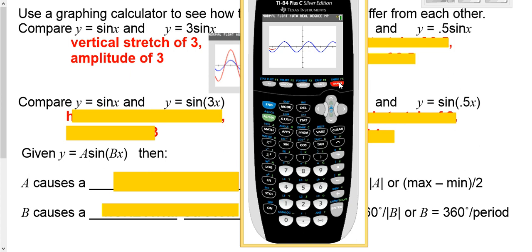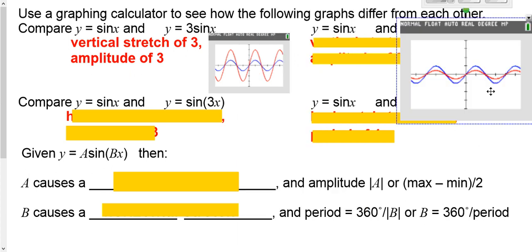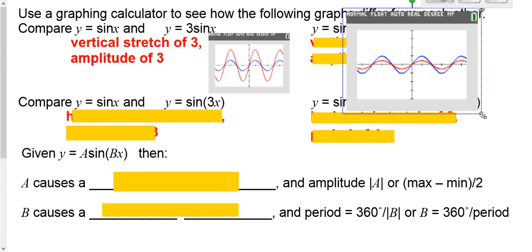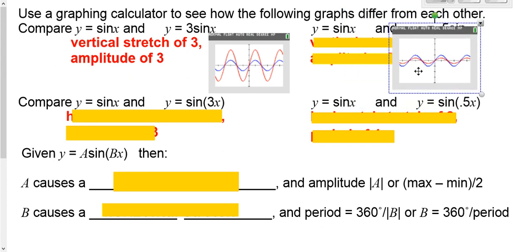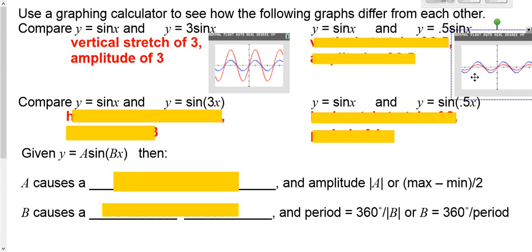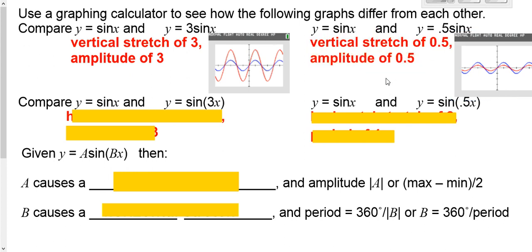And now the red one's going to come in, and we want to know how that changes. Once again, the period stays the same, but it's only going half as far up and down. So the number in front seems to do a vertical stretch, and that means we would then have a vertical stretch of 1/2, making it half as tall, and our amplitude would be 1/2.